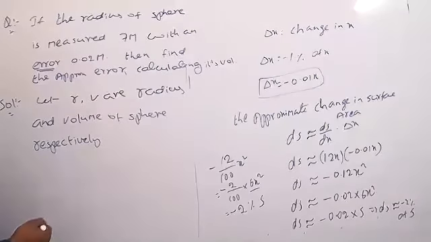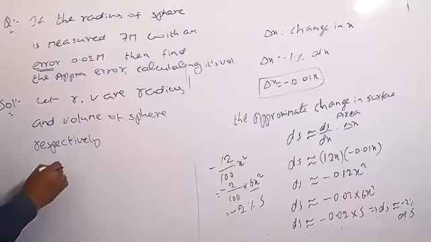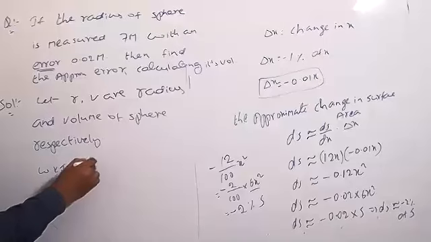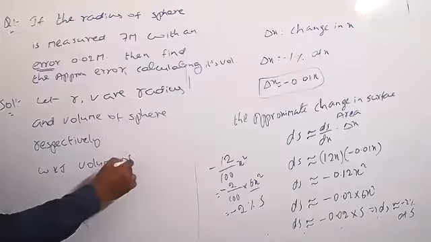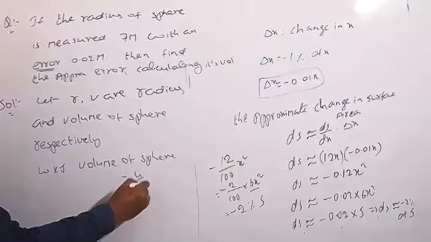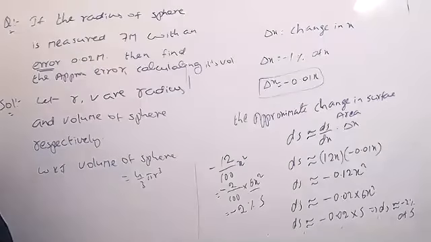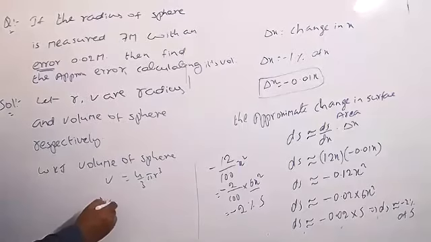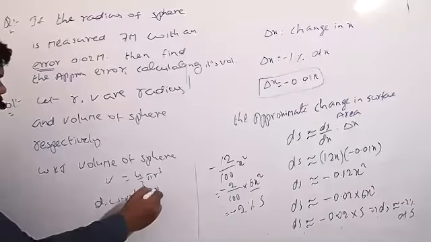We know very well that the volume of a sphere equals 4/3 pi r cube. V equals 4/3 pi r cube. Now differentiate with respect to r on both sides.